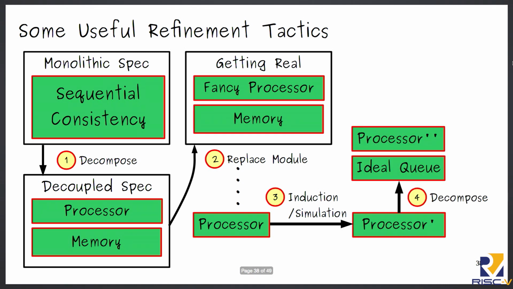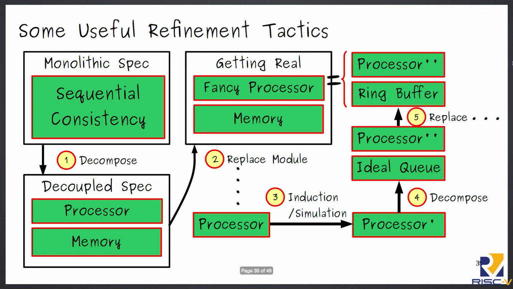Then let's do another recursive decomposition of that processor and indicate it needs a FIFO in the design somewhere. So we'll break it up into the rest of the code plus the FIFO. Now we can do another recursive replacement and say, I have a ring buffer that I verified. That is a correct replacement for an ideal FIFO.